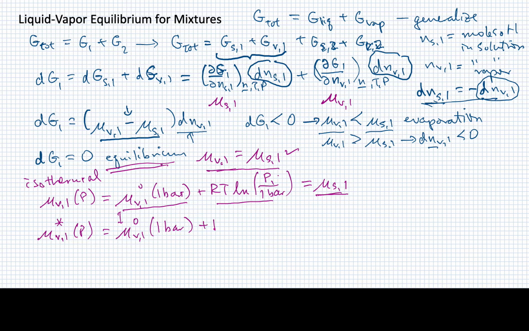But now, since I've got the pure chemical potential, the pressure that I'm measuring for component 1 is the vapor pressure that I would have above the pure liquid. So all I'm doing is comparing the chemical potential for the vapor of component 1 to its pure liquid, and at equilibrium I'll have this relationship. Let's put a star there so that we're identifying this as the pure liquid.